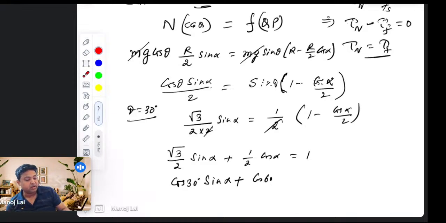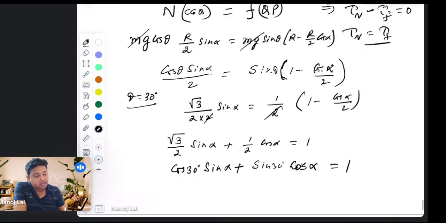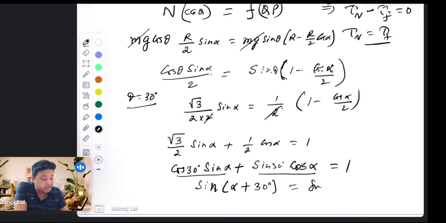So we have cos 30 sine alpha plus sine 30 cos alpha, which is a little mathematics we have to apply. This is sine alpha plus 30 degrees, and the right side, 1, is sine 90 degrees.